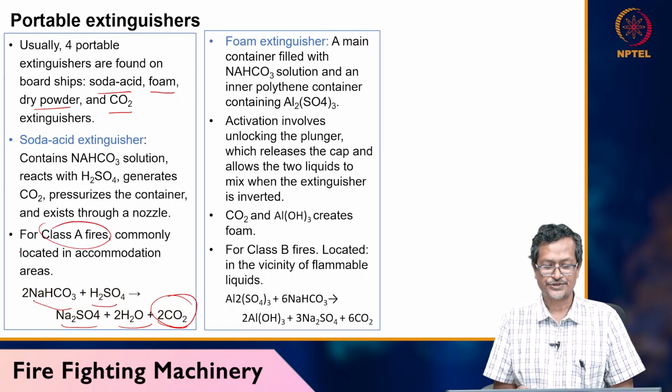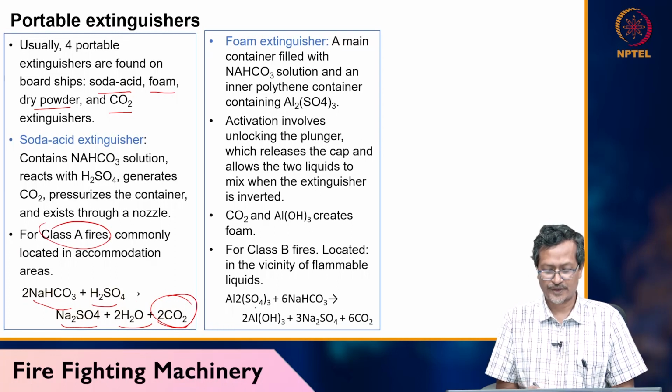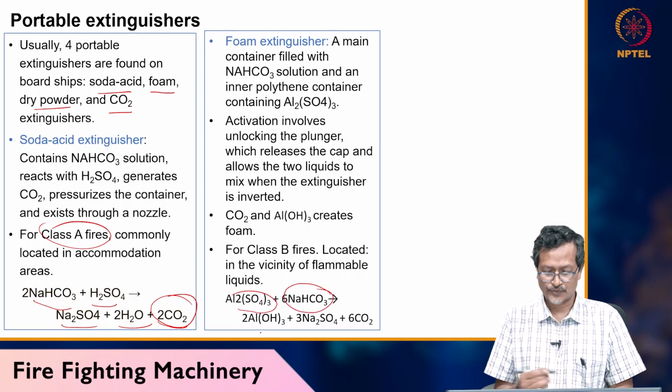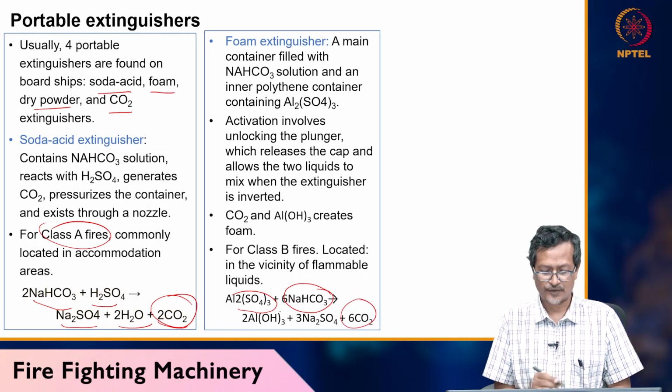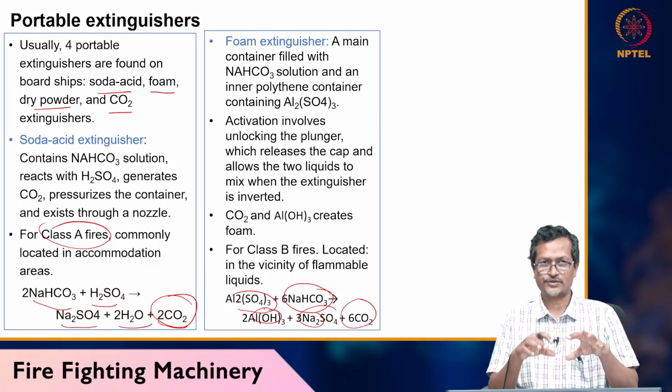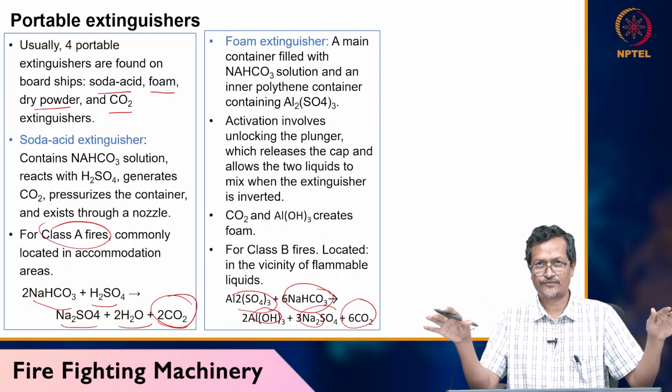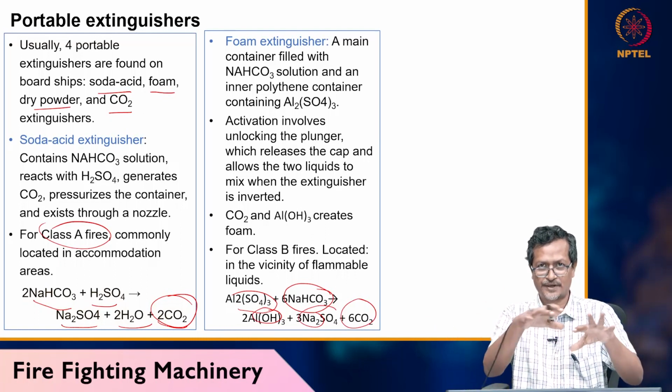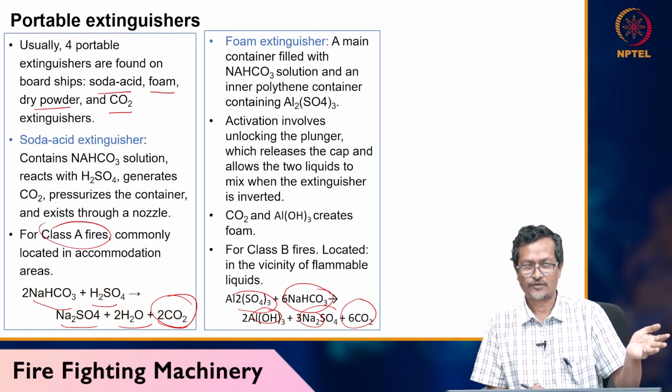And foam extinguisher. The foam extinguisher again will be having aluminum sulfate and sodium bicarbonate. So, after reaction it will be creating lots of carbon dioxide, aluminum hydroxide, sodium sulfate. This will create lots of foam, and it will be covering the flame area or combustible material area, and it will be cutting the oxygen supply.